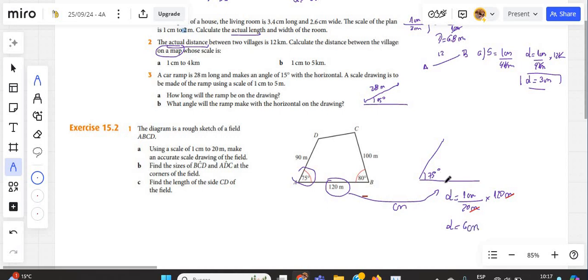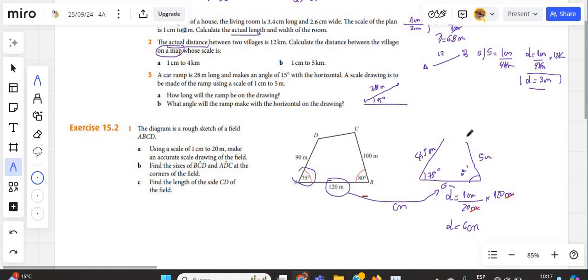Okay, so with a ruler you will measure 6 centimeters. Also, again, you will measure the distance 90 divided by 20, that is 4.5 centimeters. Here we have an angle of 80 degrees using a protractor, and you will measure a distance of 100 divided by 20. This is 5 centimeters, and you connect all these 2 points.